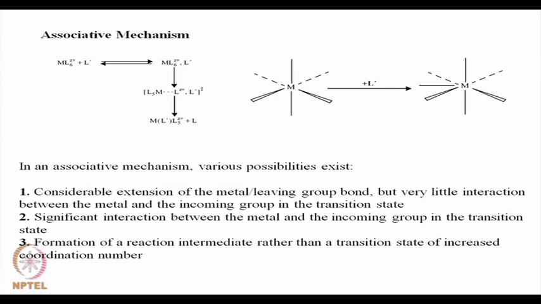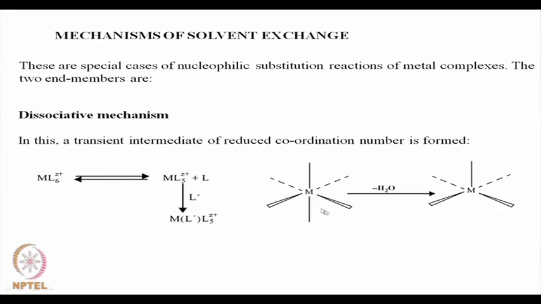Okay. So, again if you go back to dissociative, you see ML6, ML5L. So, the 6th position is vacant, and the second ligand L prime has the option to attack now. So, it attacks, giving rise to ML primed L5 Z plus charge.